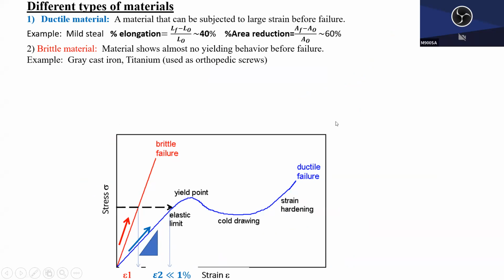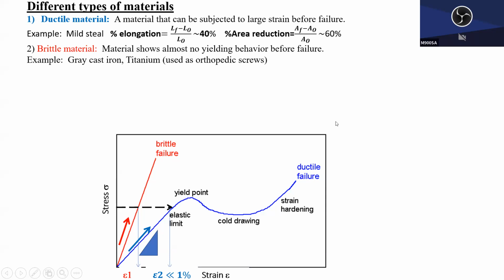So if the failure stress is important, using a ductile material like stainless steel is very important. Brittle material is very hard, but it goes and snaps. The funny thing is that in biomedical engineering, orthopedics, for the orthopedic screws, we use brittle titanium.